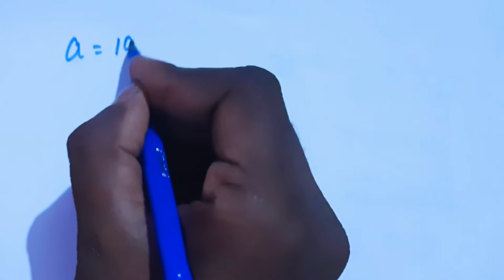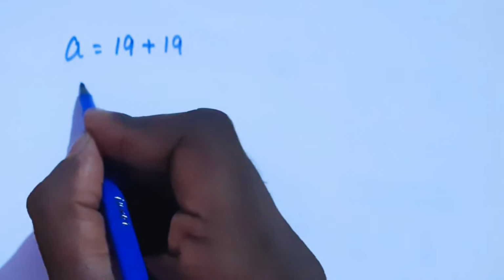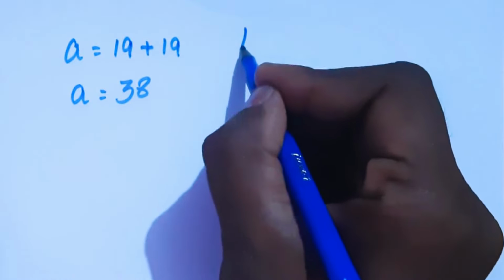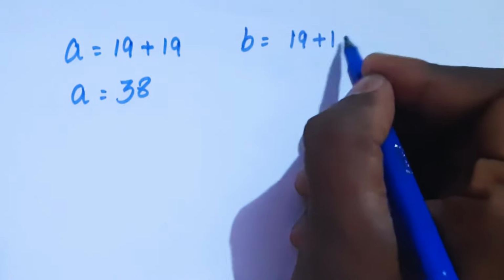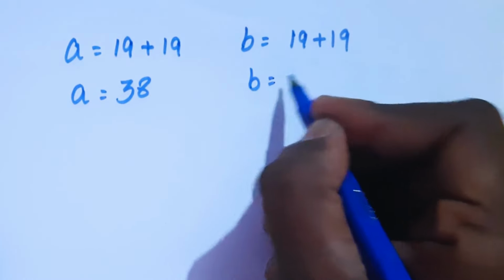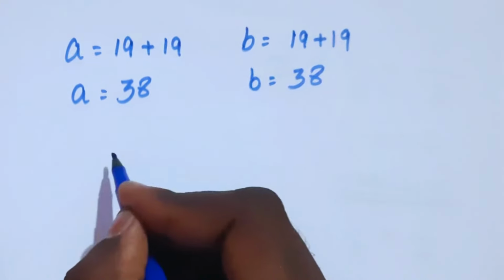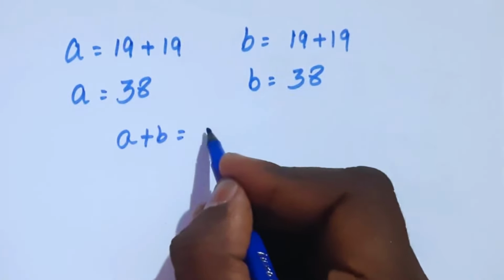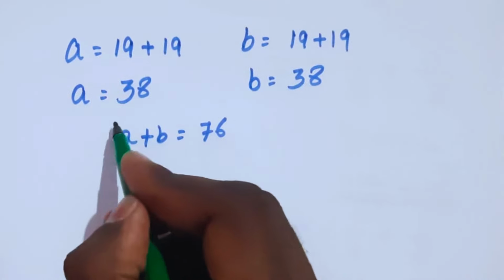Here A equal to 19 plus 19, so A equal to 38. B equal to 19 plus 19, so B equal to 38. So here A plus B equal to 76. This is the minimum value.